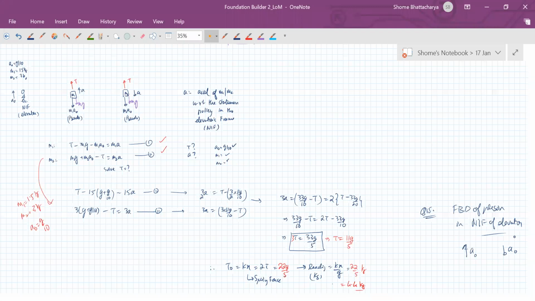Because one time it is going up with acceleration, then it's decelerating. So when it's decelerating while going up, the direction of the acceleration vector is downwards. So initially it's accelerating while going up, so the direction of the acceleration vector is upwards. Later it is decelerating while going up, so the acceleration vector should be downwards. So that's the concept in the 15th question. Just go through and try it out.